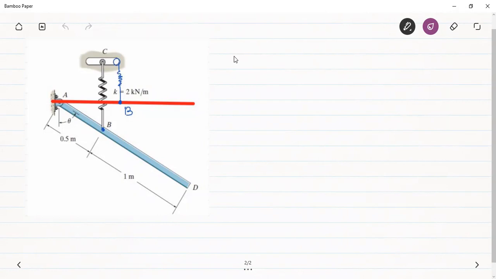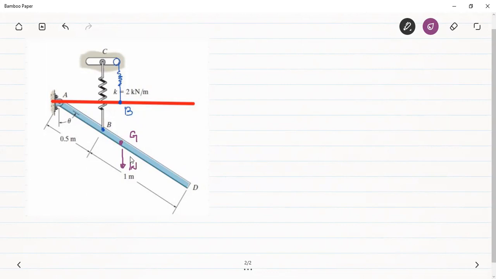So first of all, if we draw the free body diagram of this bar, the length of the bar is equal to 1.5 meters, therefore its center of gravity will be lying somewhere here, and the weight force will be acting in the vertically downward direction. So this is going to be the weight force.